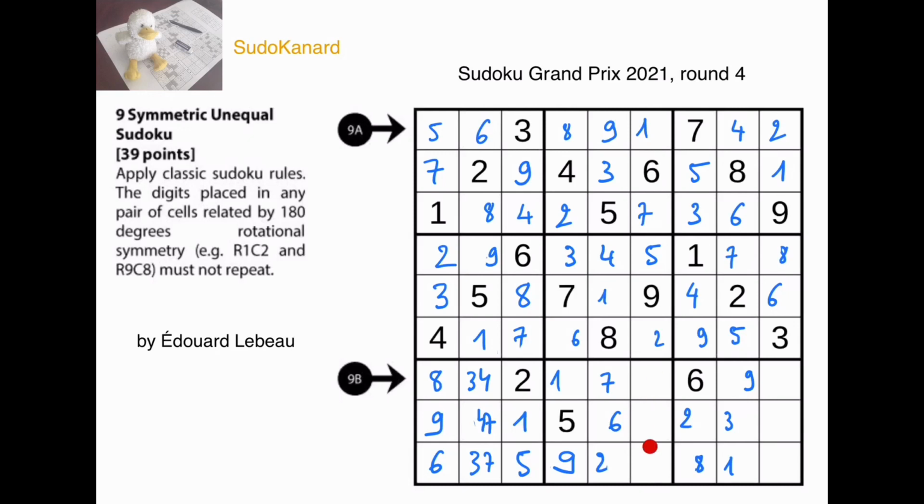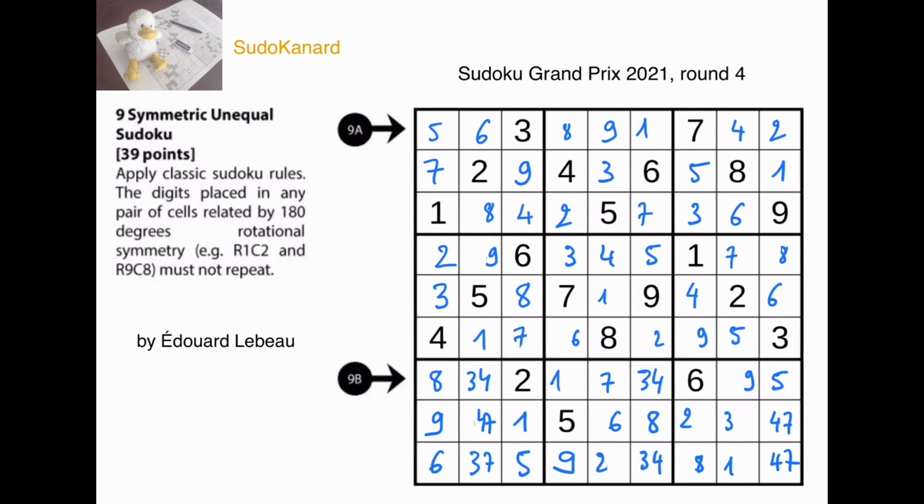Here we need 3, 4, and 8. So this is 3 or 4, and it gives us a 5 at the end of the row. And we need here 4 or 7, making this an 8. This is 3 or 4, and this is 4 or 7.